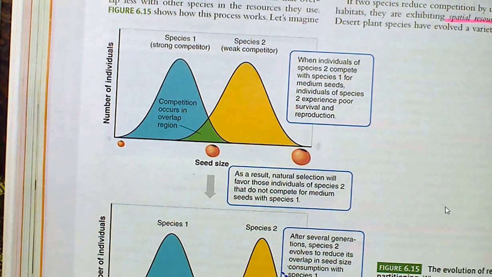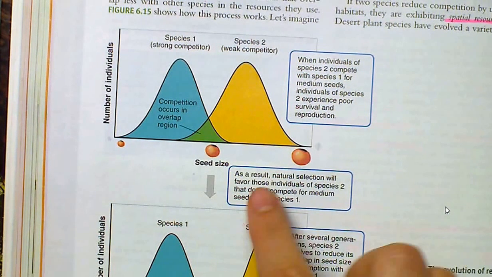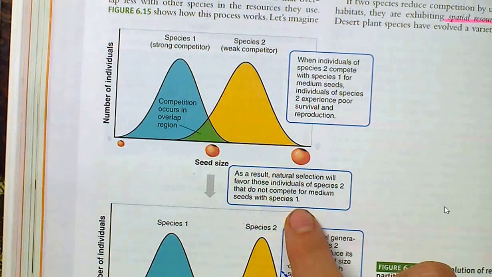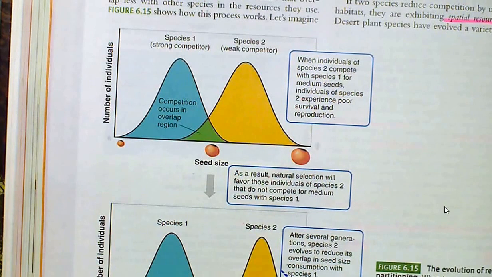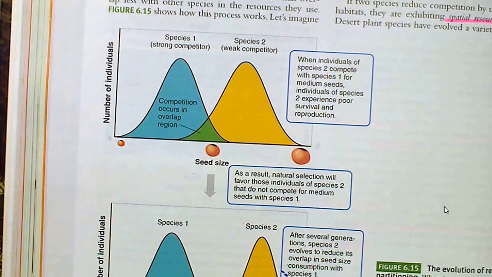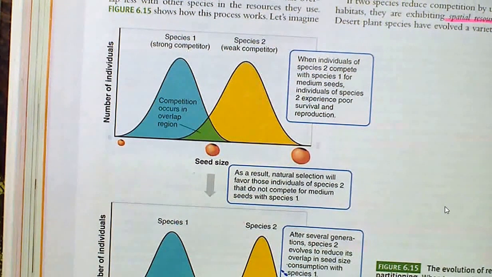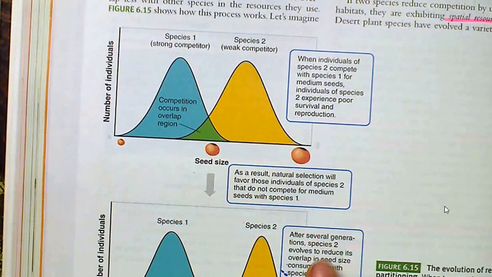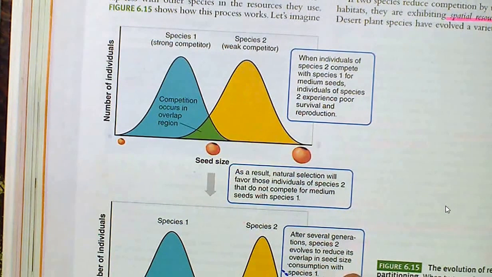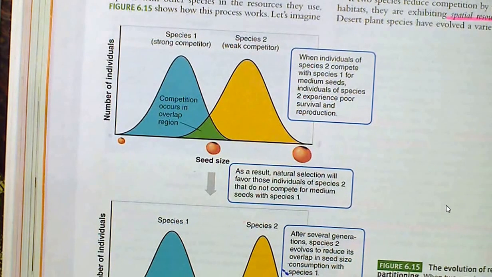As a result, natural selection will favor those individuals of species 2 that do not compete for medium-sized seeds with species 1. The favorable individuals of species 2 will be more likely to reproduce because they're not competing with species 1. So eventually, after several generations, species 2 evolves to reduce its overlap in seed size consumption with species 1. And eventually everybody's happy.